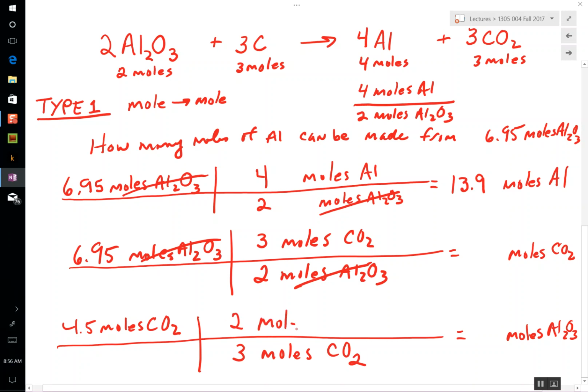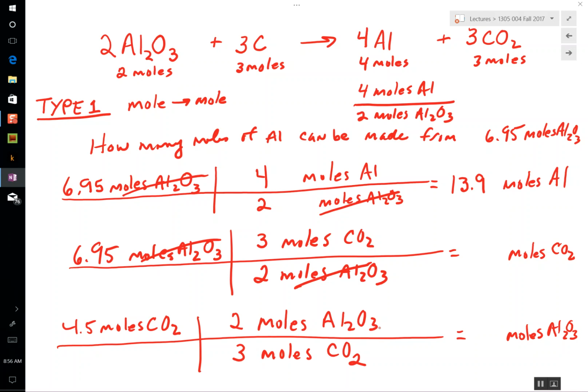The relationship is 2 moles of Al2O3 per 3 moles of CO2. So you can set these relationships up either way. Here we got CO2 in the numerator and Al2O3 in the denominator. Why? Because we wanted to convert moles of Al2O3 into moles of CO2.